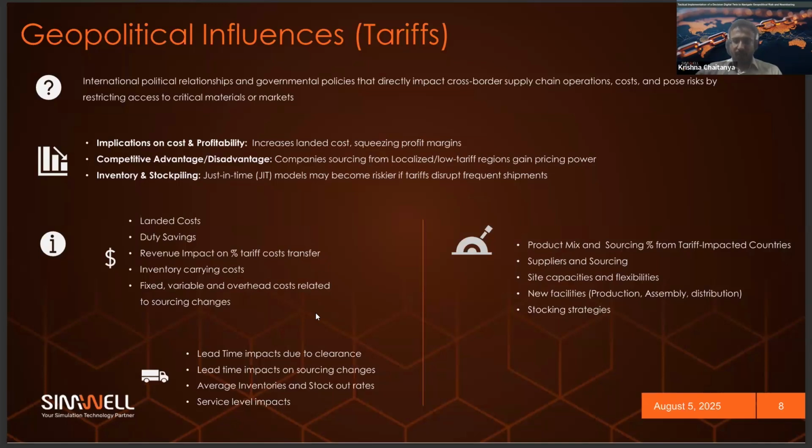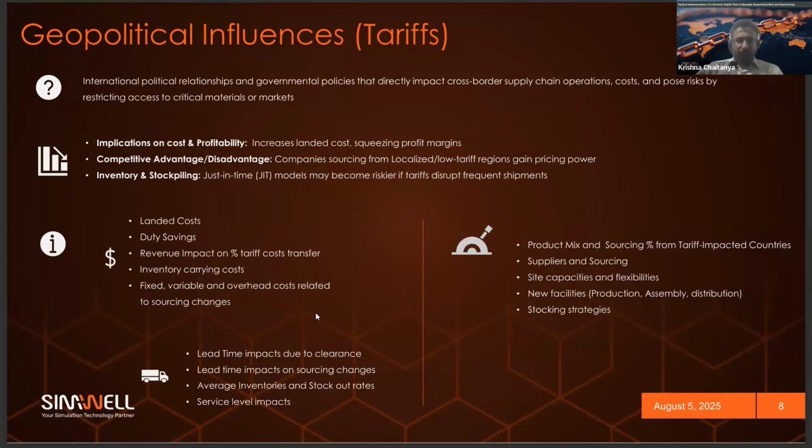Can we evaluate alternative suppliers and alternative sourcing? Can we check our local factory capacities and evaluate how flexible our local factories are? Can we move production to local factories if possible? We can even evaluate new facilities, either production or distribution, or cross docking and stocking strategies.